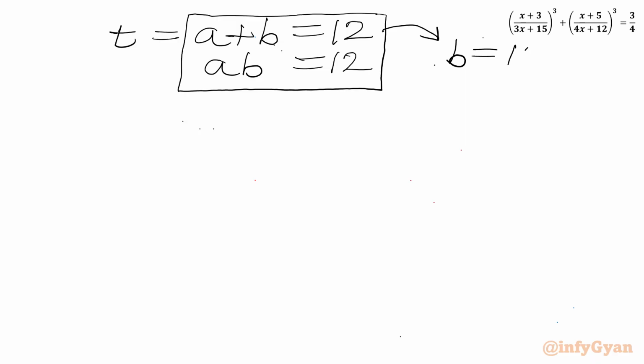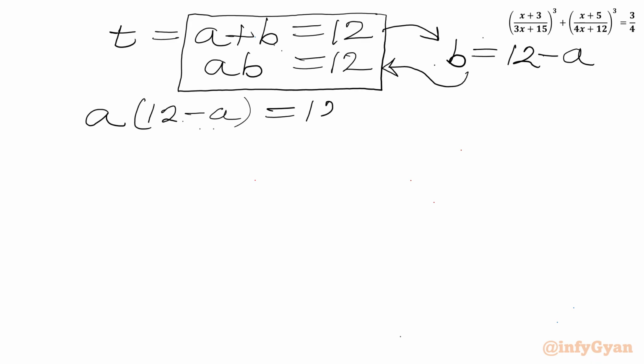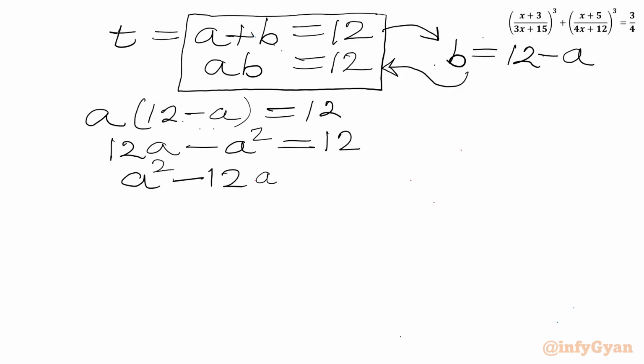I will write 12 minus a, which we will apply here in the second equation. So I can write a times 12 minus a equal to 12, or 12a minus a squared equal to 12. Take all the terms to the RHS. a squared minus 12a plus 12 equal to 0.